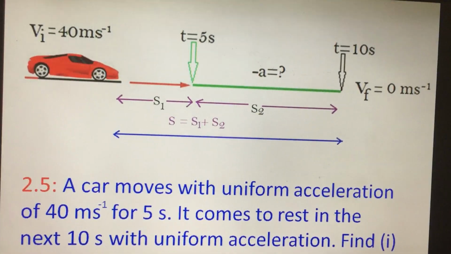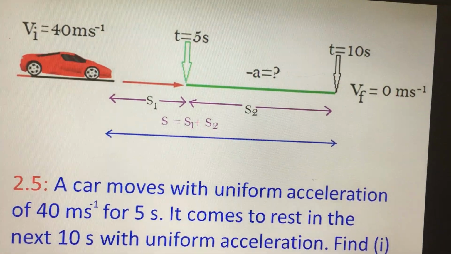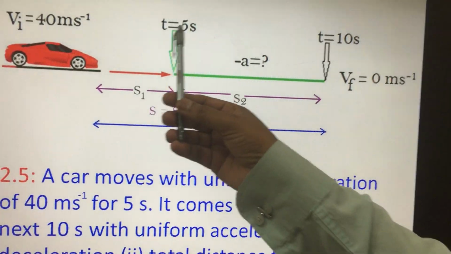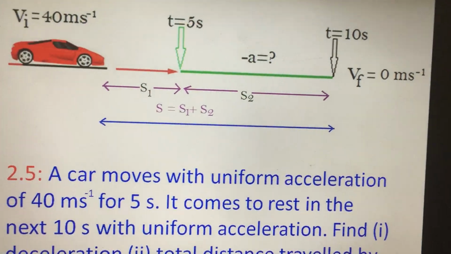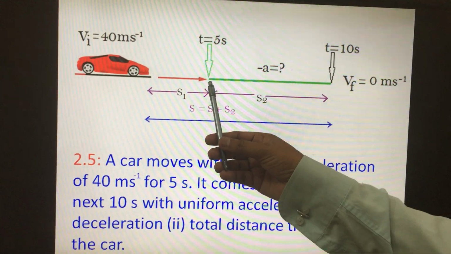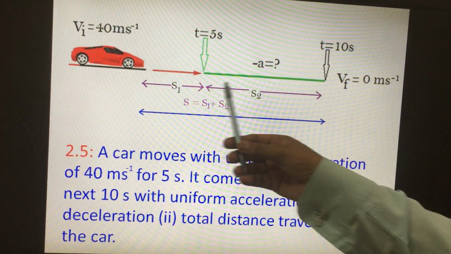We need to find out the deceleration. Another thing that we need to find out is the total distance. The first distance, from here to here in 5 seconds, is the distance when the velocity was uniform. And then when negative acceleration is produced, that is the second distance.